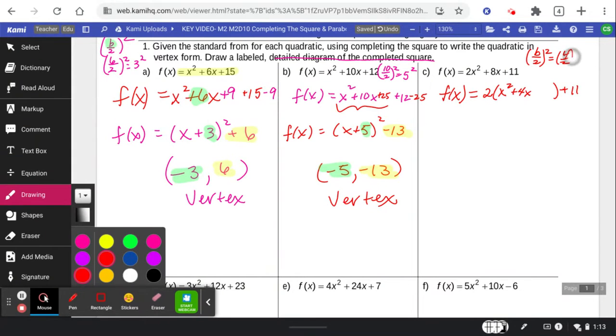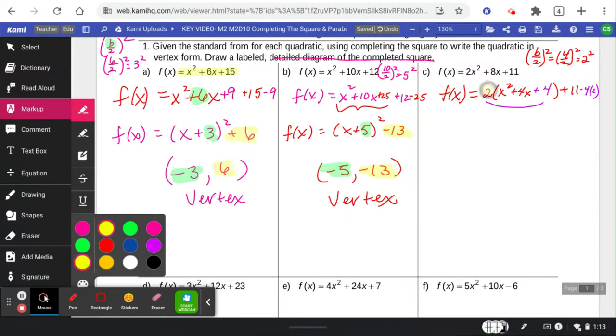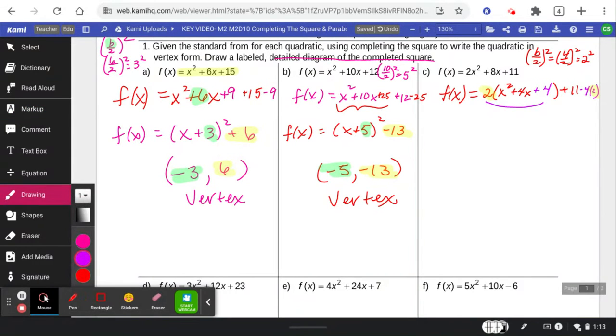So 4 divided by 2 is 2. 2 squared is 4. I'm going to be adding 4 and subtracting 4. But see how this is happening 2 times? So I'm subtracting 4 2 times. This 2 means back here there needs to be a multiply by 2. The whole reason I made this completed square was to get the x plus 2 factored form.